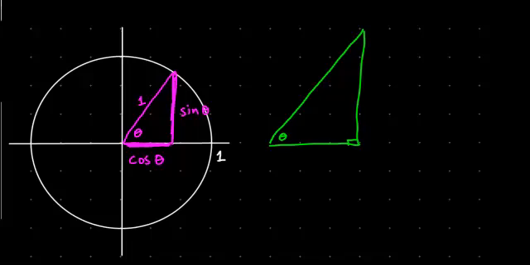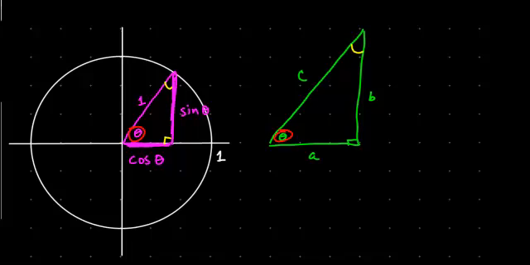Let's call this side A, this side B, and this side C. Note that we have the same angle theta, and thus that leaves this top angle being pi over 2 minus theta, or 90 minus theta, because we have a right triangle there.